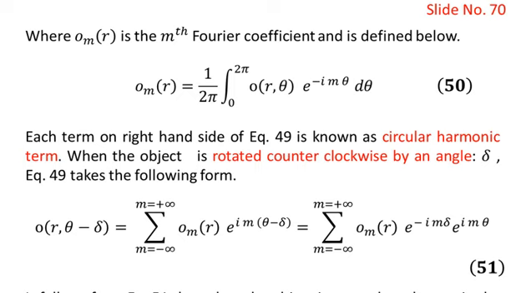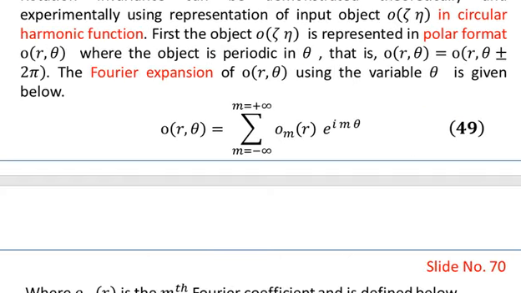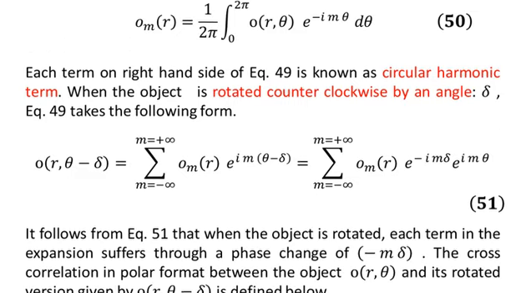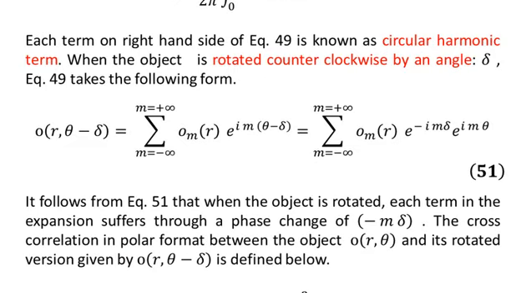Each term on the right hand side of equation number 49, that is this equation, is known as the circular harmonic term. When the object is rotated counterclockwise by an angle delta, equation number 49 takes the following form. So see, in equation number 51 we have shown the same equation as equation number 49, but when the object was rotated by an angle delta.